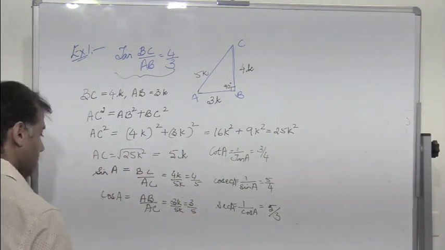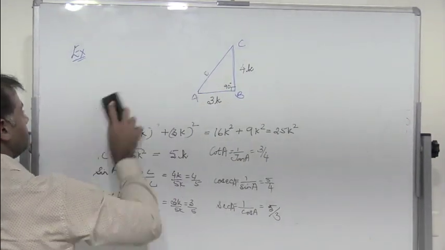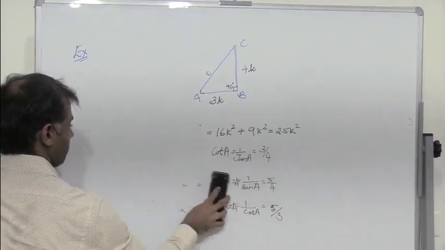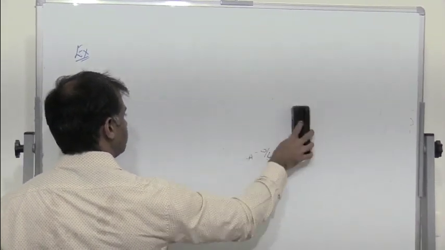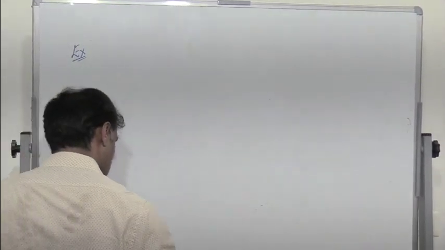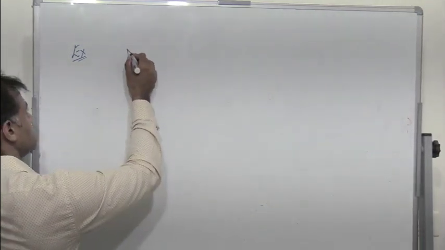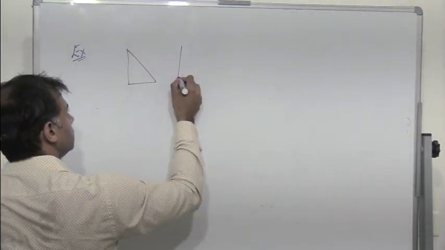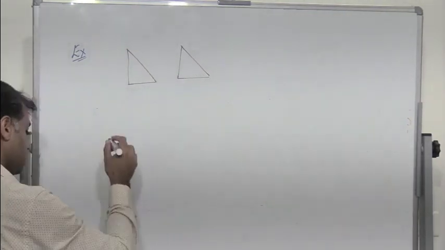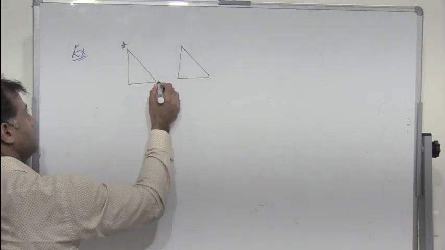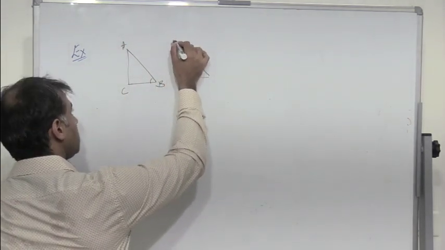So now we have the next example. Given two right angle triangles, the first one is ABC and the next one is PQR.